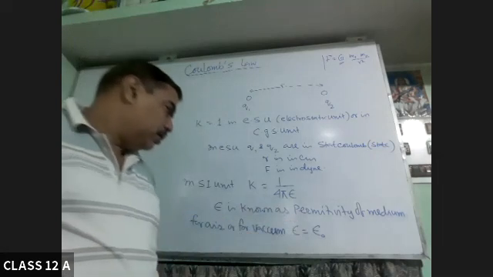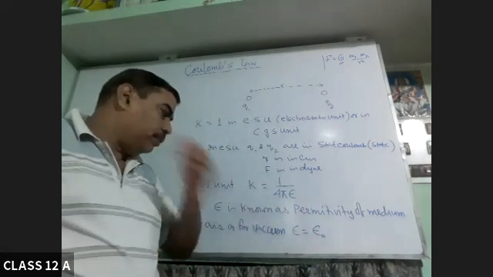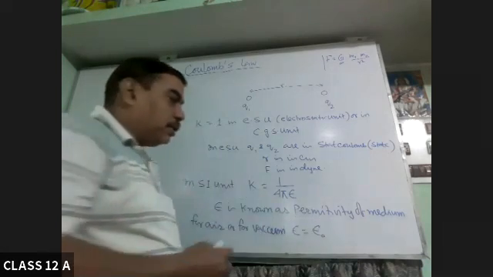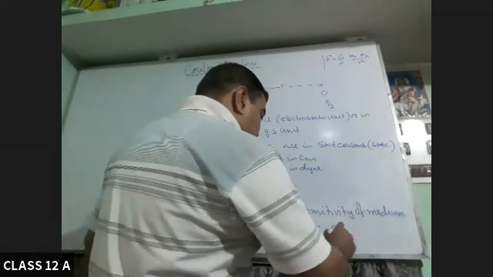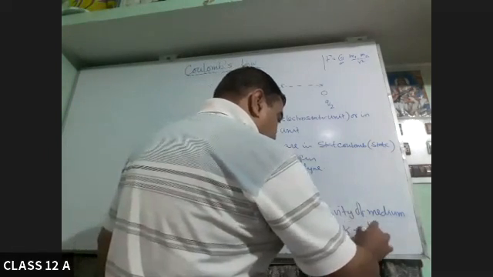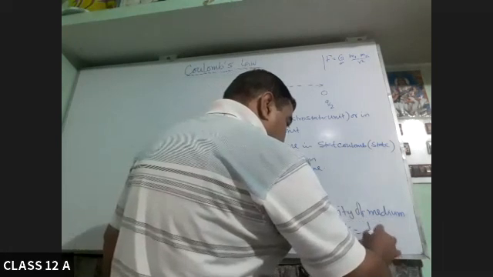So that's why for air or vacuum, this epsilon will be equal to this much, and this K will be equal to 1 by 4 pi epsilon naught.